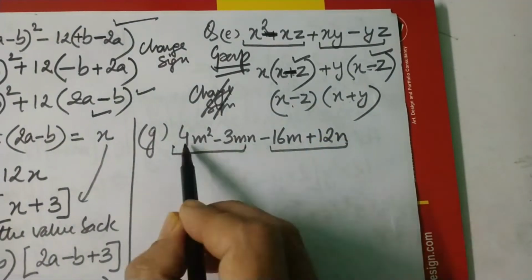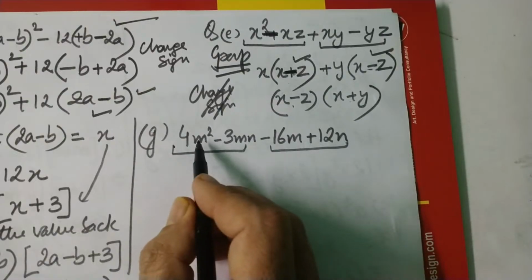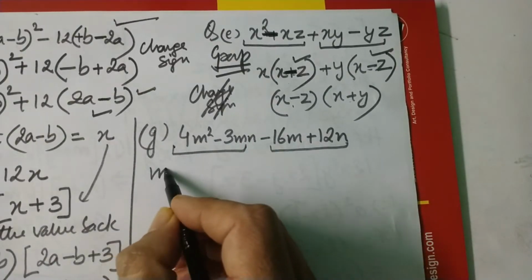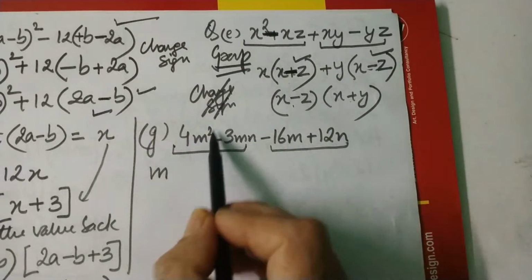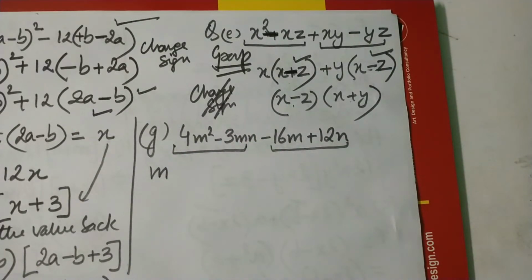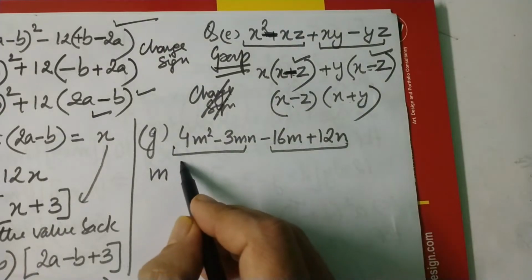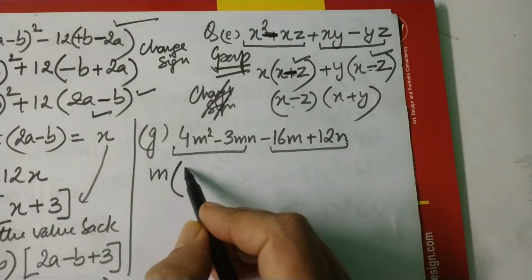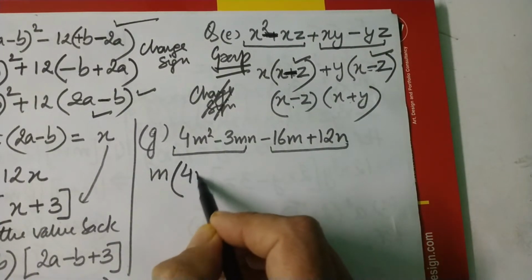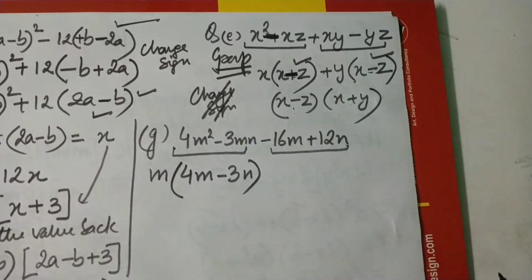So if I take common here, what is common? 4 and 3 HCF is not there, so only m is common. Common number between this and this is m. And how it is coming is explained in the video below. m, it will become 4m minus 3n.